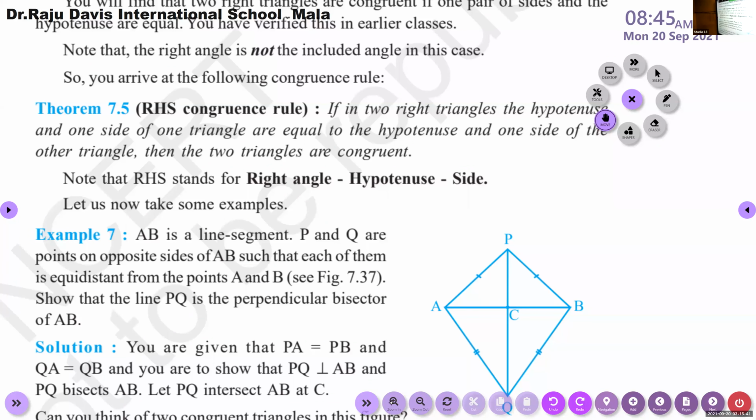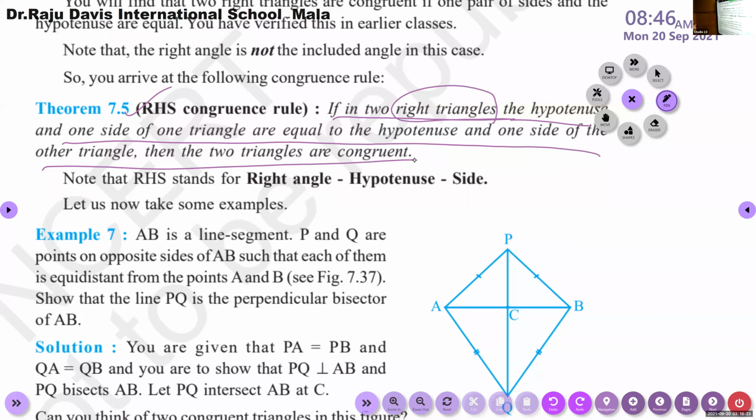Now, next is the RHS congruence rule, right? RHS congruence rule: if in two right triangles, the hypotenuse and one side of one triangle are equal to the hypotenuse and one side of another triangle, then the two triangles are congruent.